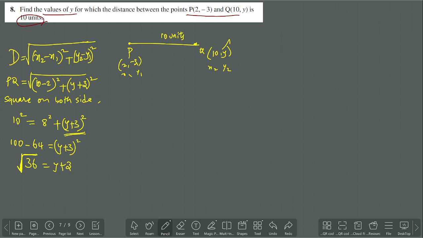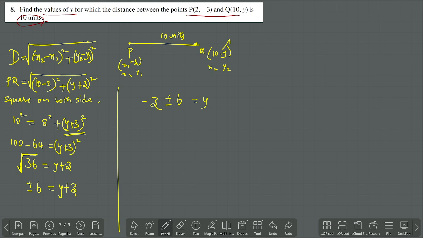Plus or minus 6. So we have plus or minus 6 equal to y plus 3. Understand? Send the plus 3 opposite. So what am I getting? Minus 3. There we have plus or minus 6 equal to y.